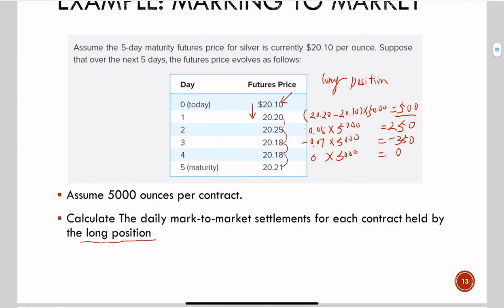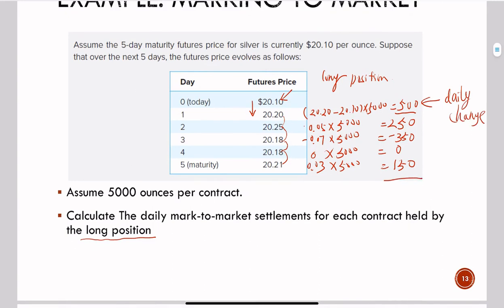On the last day, this maturity date, the price increases by 3 cents. So it's this times 5,000, which gives you 150. And now you can see that these numbers are just daily changes, right? So you can look at the accumulated changes.